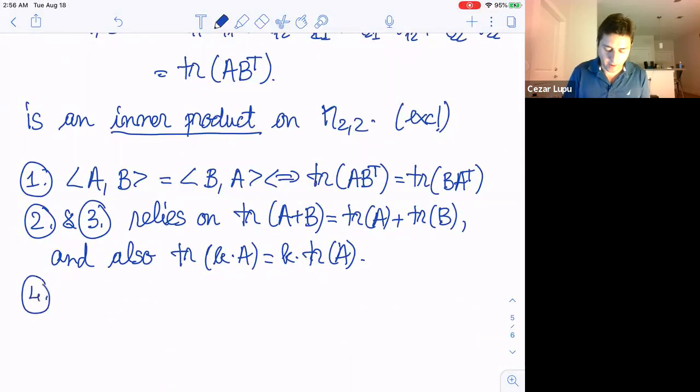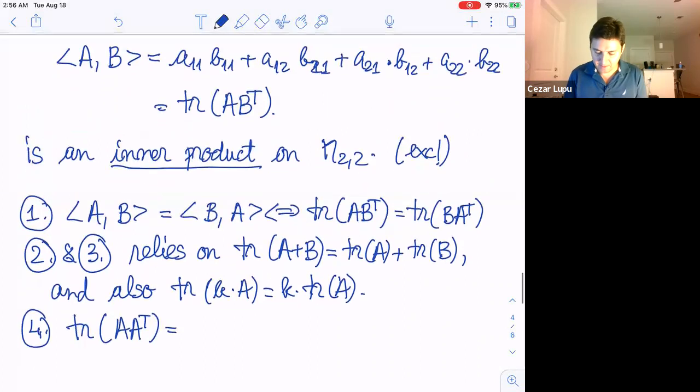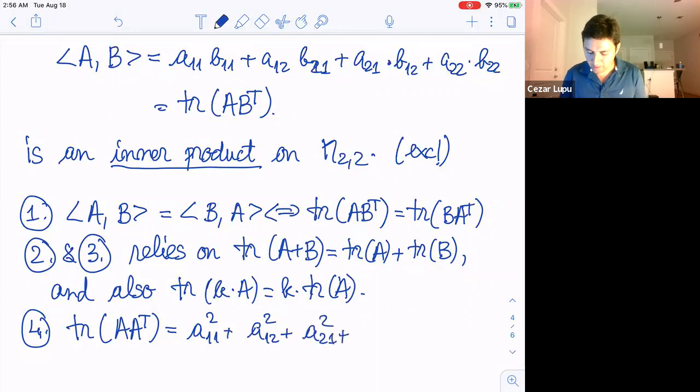And also the fourth one will rely on the fact that the trace of A A transpose is nothing else than the sum of the squares of these elements, a11 squared plus a12 squared plus a21 squared plus a22 squared, which again will be non-negative. So this defines an inner product.